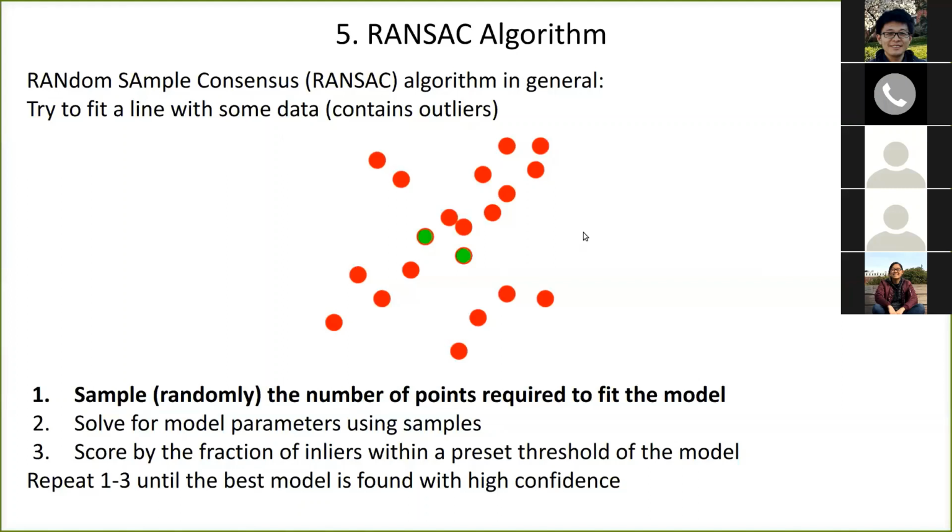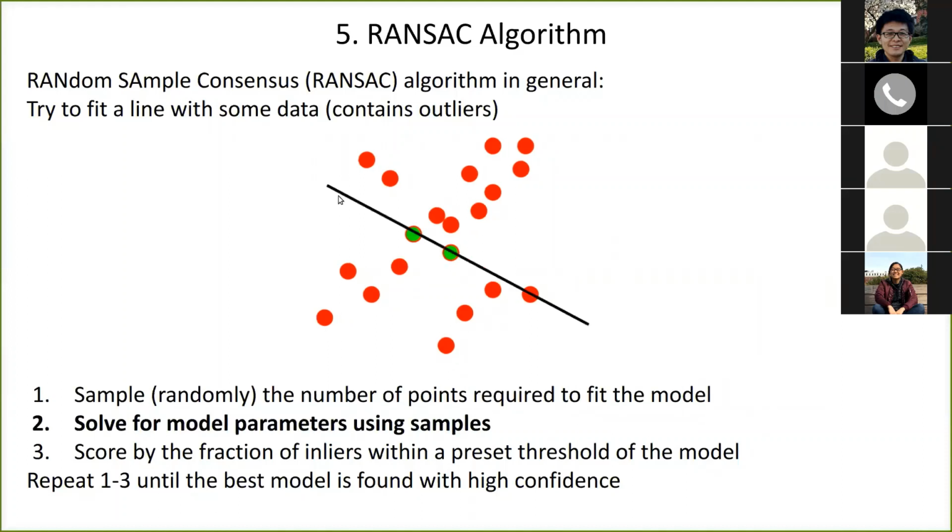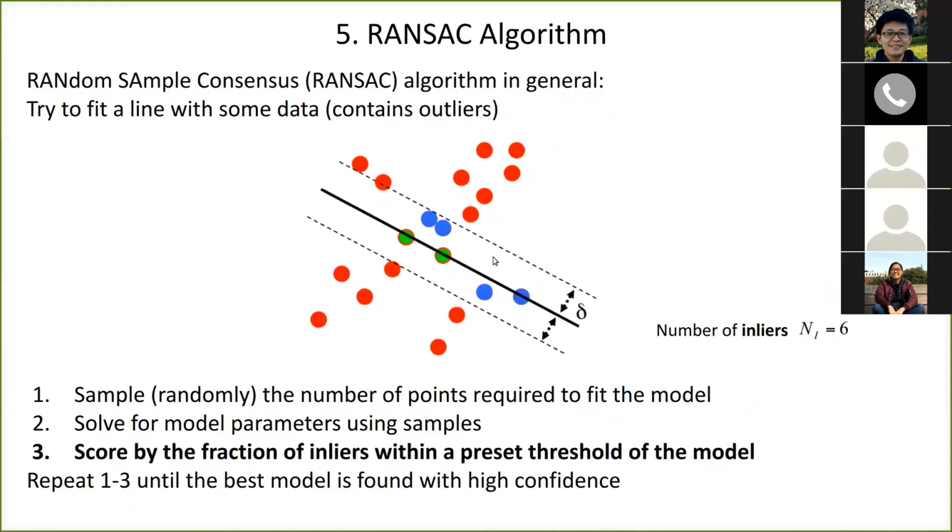So first we randomly sample 2 points from all the data, because 2 points can give us a line, and then we use these 2 points to fit a model, which here is the line shown. Later we compute how many inliers are inside this line model.